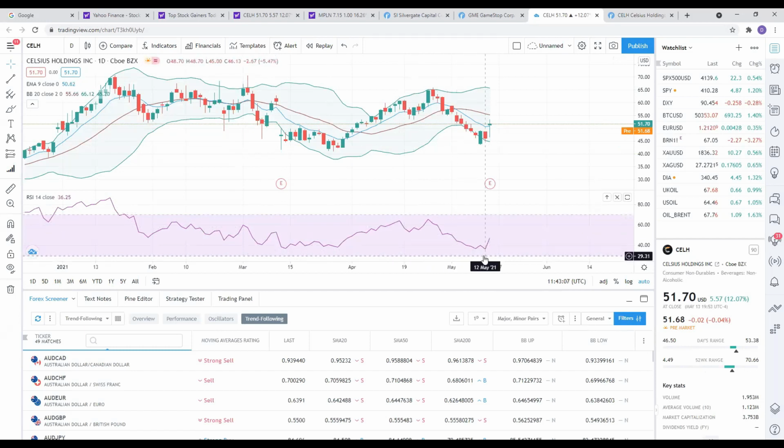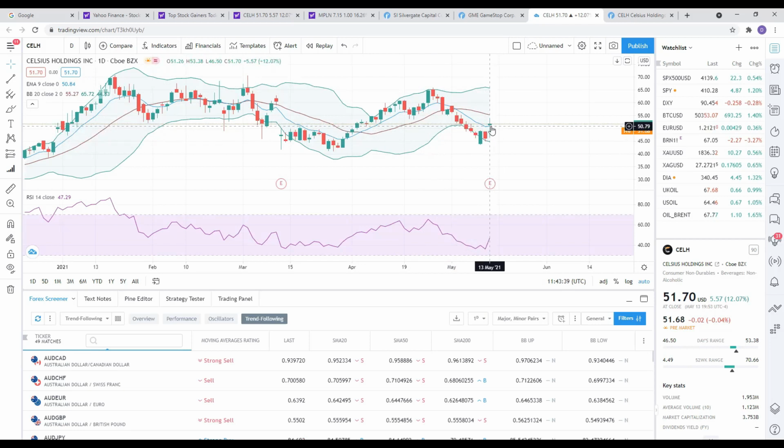The stock didn't really go to oversold conditions, because the lowest point the RSI reached was 35, which is still not oversold, because oversold is when the RSI drops below 30. But we see the Bollinger bounce occurring right here. The price of the asset went outside the Bollinger Band, and then went back inside. So this is a Bollinger bounce. And then we've seen a price crossover occurring right here.